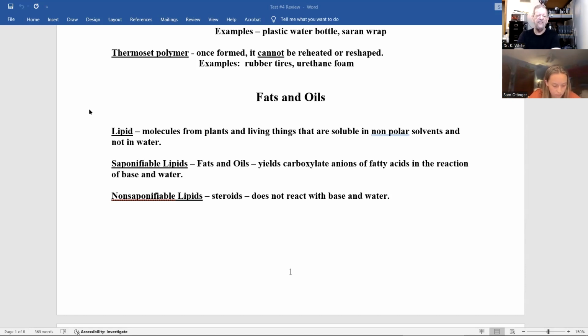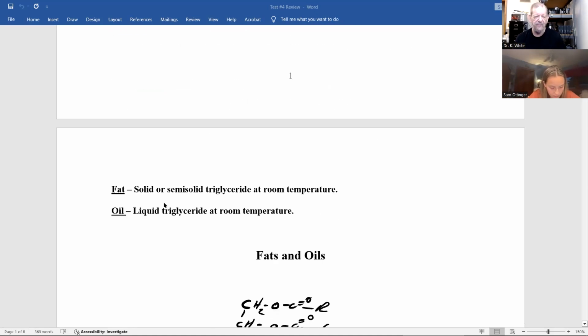The non-saponifiable lipids do not react with base and water. And we call those steroids, otherwise known as our hormones. And you should know that a saponifiable lipid is a fat and oil, and a non-saponifiable lipid is a steroid, or the steroids. There's more than one.